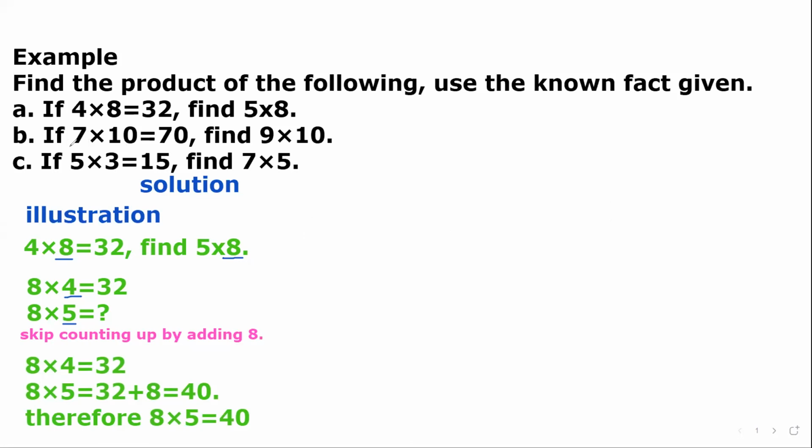In the B, we have 7 times 10, which gives us 70. Then 9 times 10 is the unknown fact, but the known fact here is 7 times 10. You can see a certain number appears in the known fact and at the same time in the unknown fact, and that is the 10. So now you write your illustration.